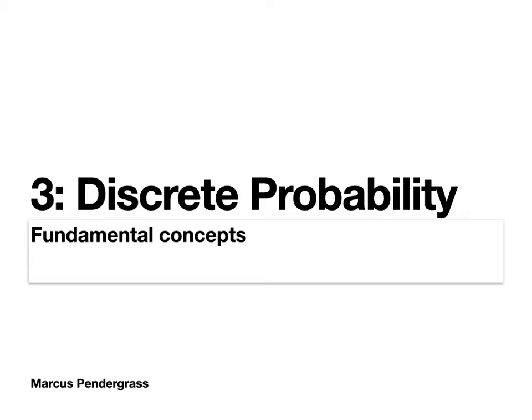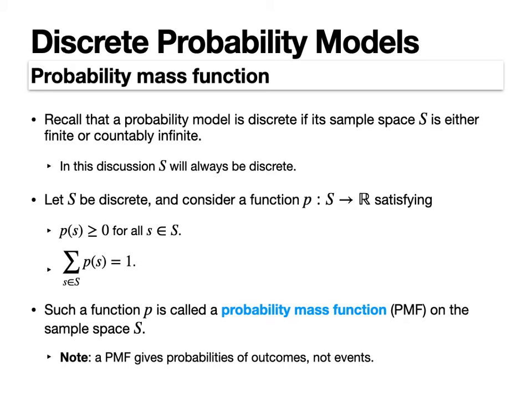Later, when we move to continuous spaces, we'll generalize those concepts to the more general setting. These are concepts like random variable, expected value, conditional probability, independence. We'll introduce all those concepts in terms of these discrete probability models.